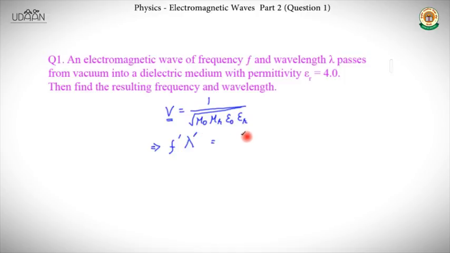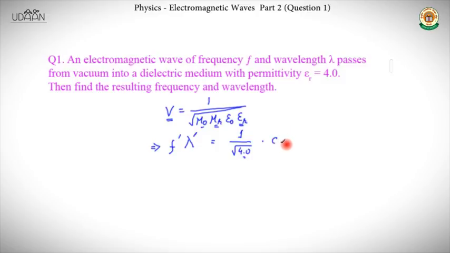So this is equal to 1 by root over 4.0. This 4.0 is for epsilon r. Since mu r is not given, let us assume it to be 1. And we know that mu naught and epsilon naught are just the absolute permeability and permittivity of free space.